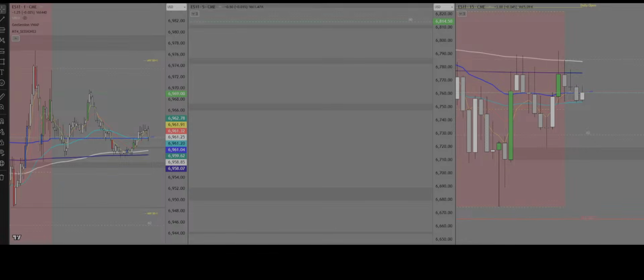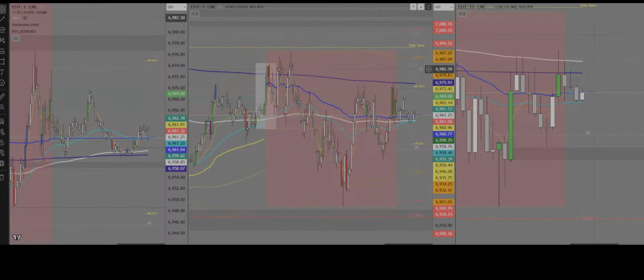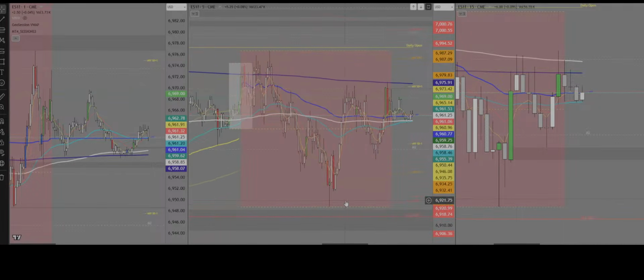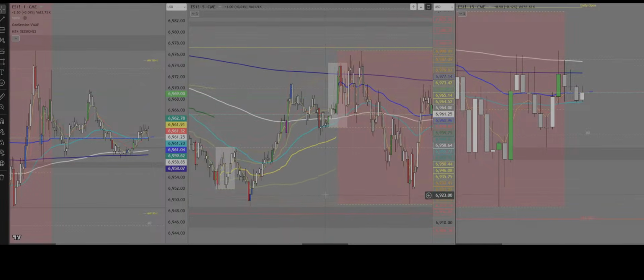I guess I don't really speak the ICT language. Which one of ICT's would you say is catching a reversal?